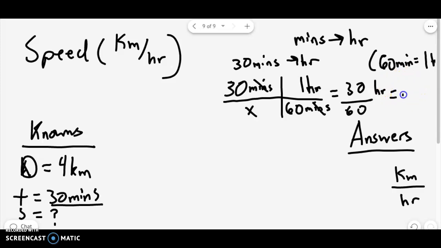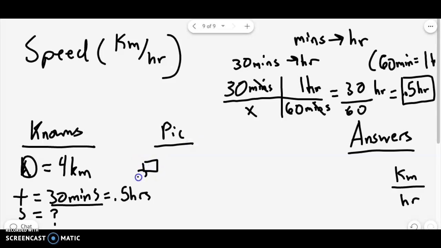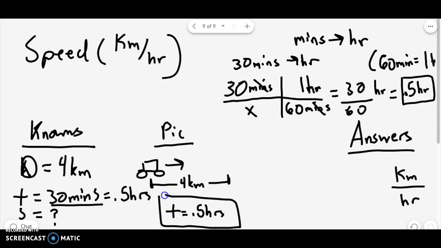It's going to be a half an hour. So our new time is going to change to a half an hour. And we just do what we did before. So this time he's going 4 kilometers over 30 minutes or a half an hour.